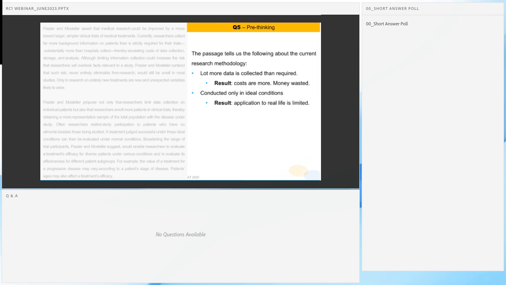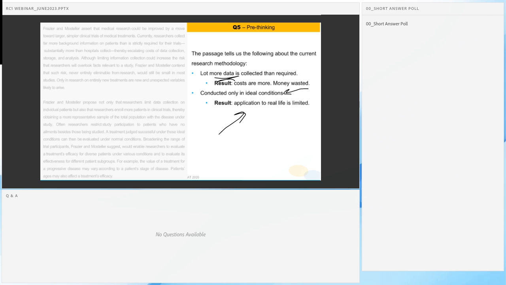All right, so let's look at this. There are two things when we talk about researchers generally conducting trials. One is they collect a lot more data than is required, the result of which is the costs are more and the money is wasted. The other thing is they conduct trials only in ideal conditions. The result of it is you have got to do a two-step process, or the application in real life in that single step is really limited.